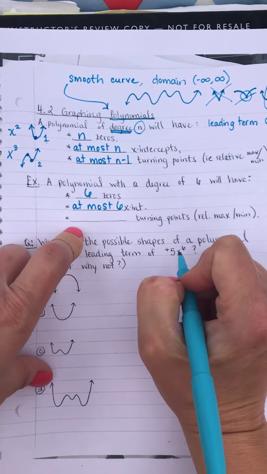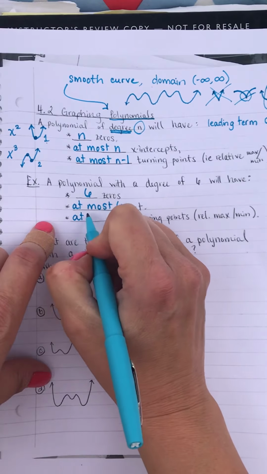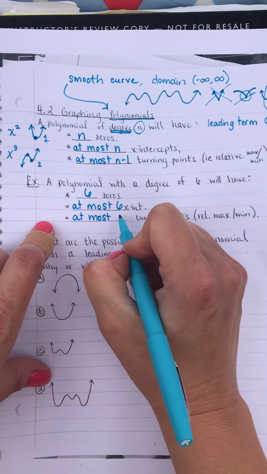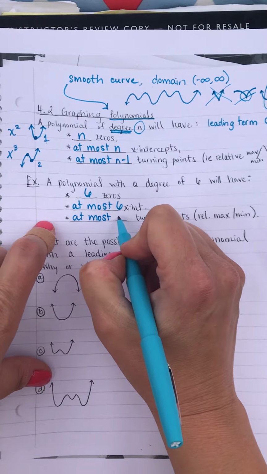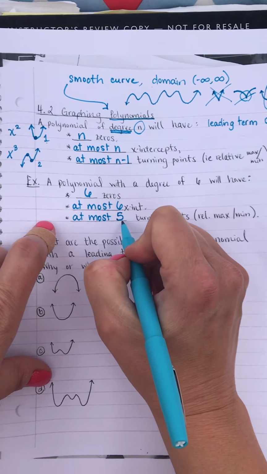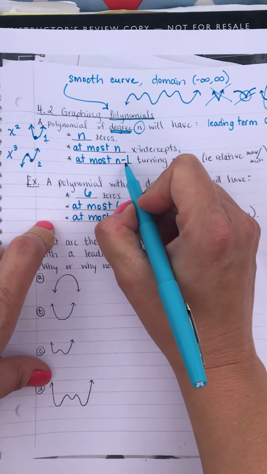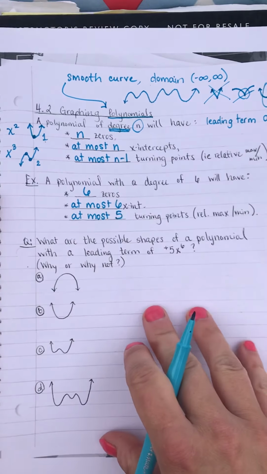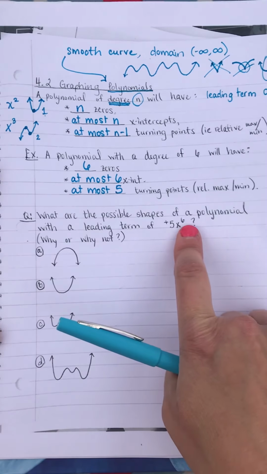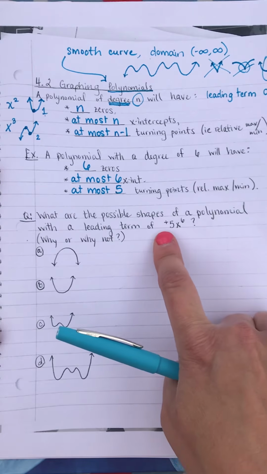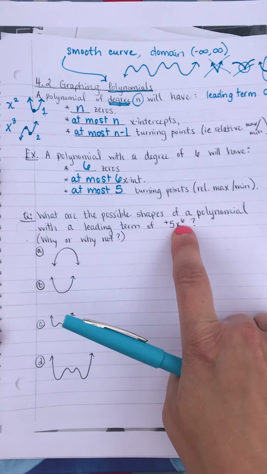How many turning points? Well, it'll have at most 6? No. 5. Why 5? Because it's 1 less than the degree. So let's look at possible shapes of a polynomial with a leading term of positive 5x to the 6th.